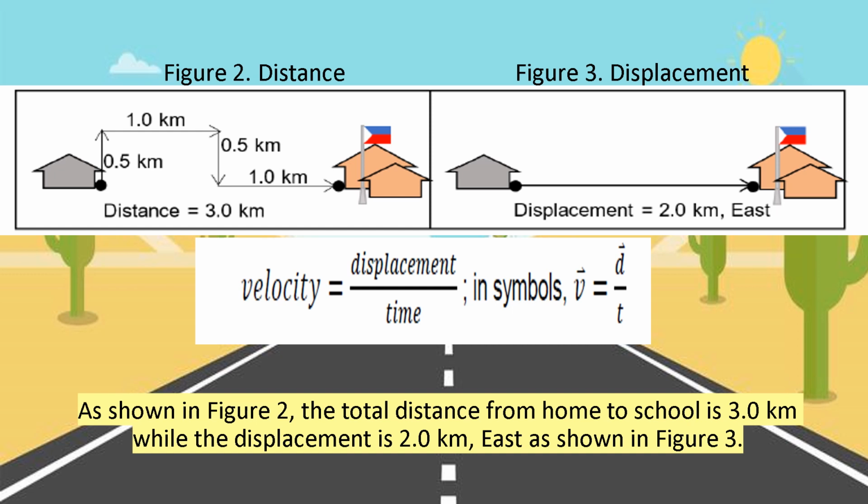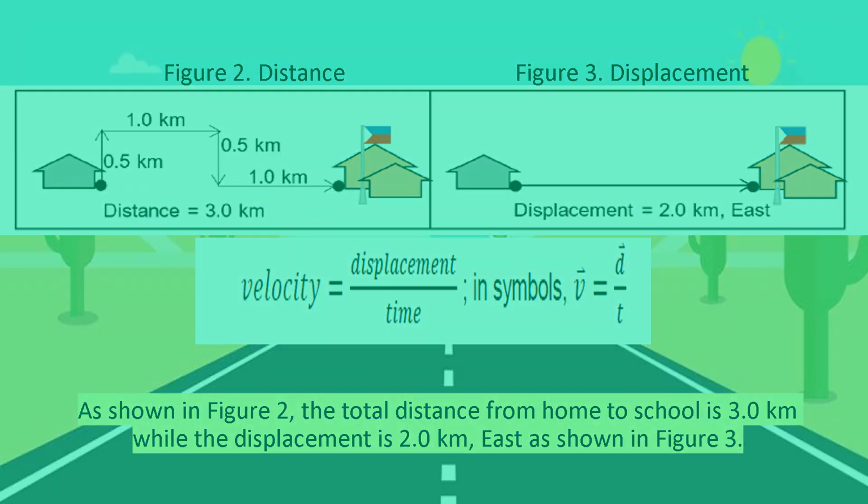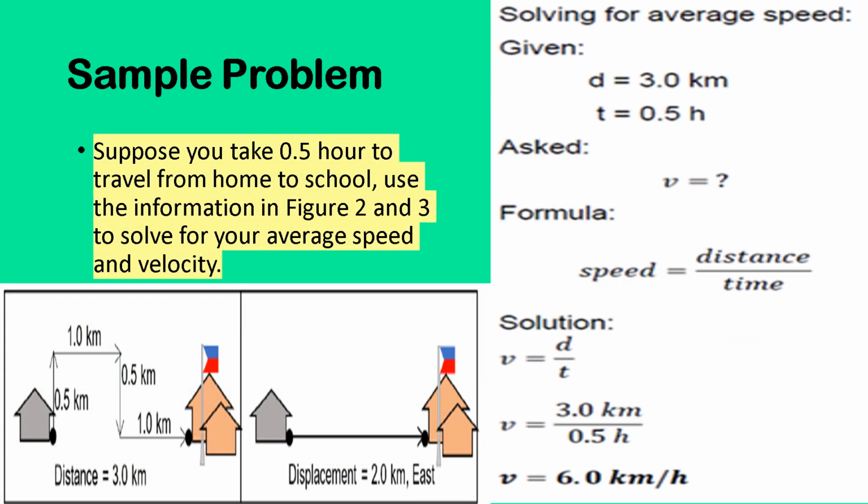Let us have our first example. Suppose you take 0.5 hour to travel from home to school. Use the information in figure 2 and 3 to solve for your average speed and velocity. First, you have to solve for your average speed.